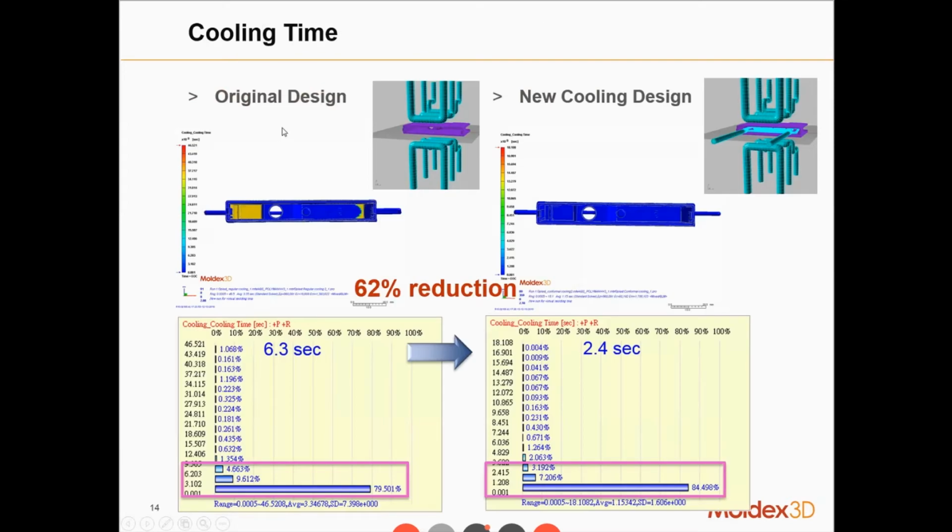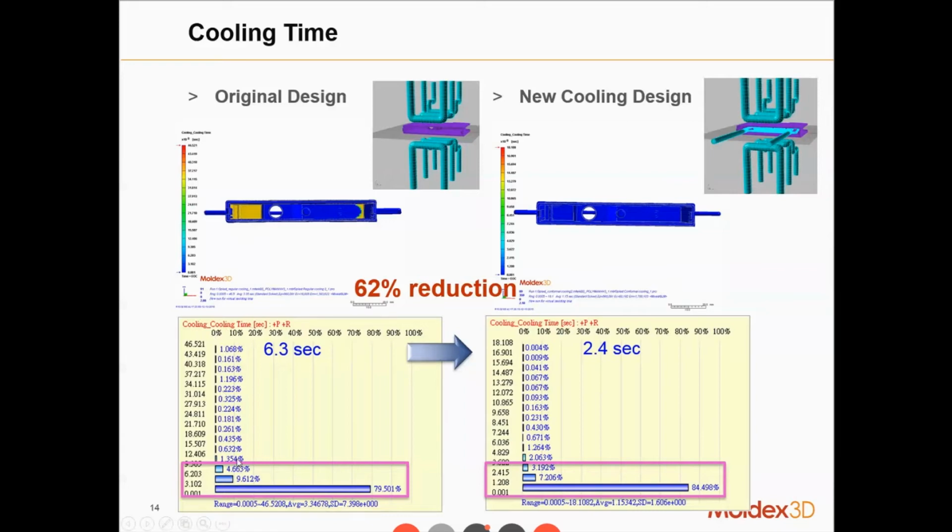Okay. So first of all is cooling time. Now, let's take a look at these two models. The only difference between these two is that there is a cooling channel installed inside this model. So it stands to reason that the heat accumulation inside is heavily dissipated.